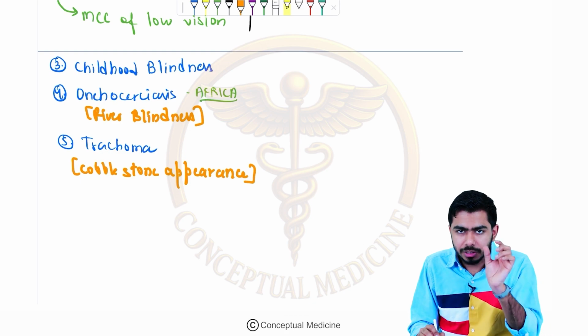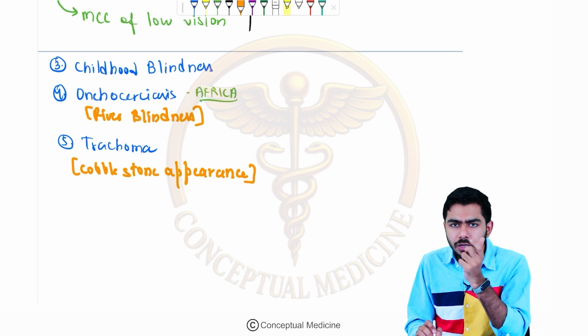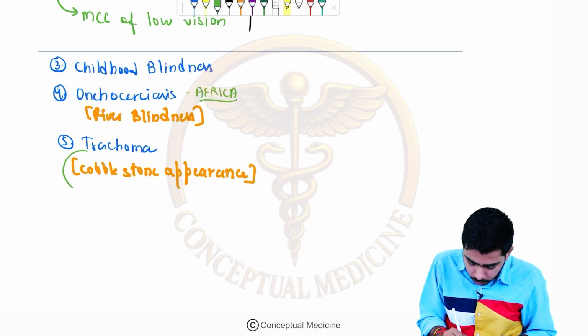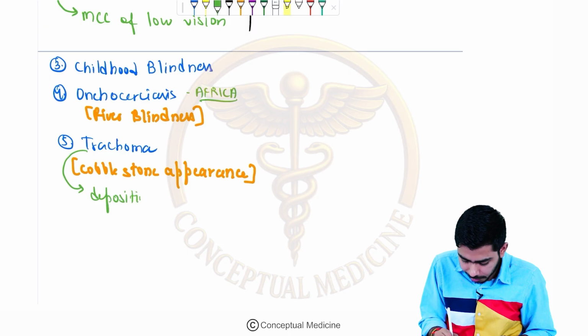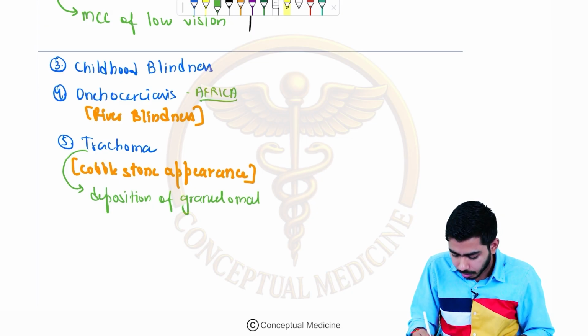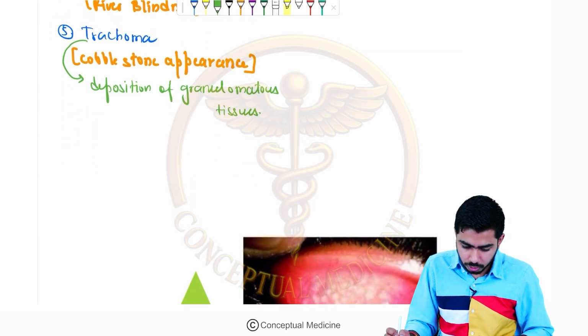Basically there is a deposition of granulomatous tissue, which is mimicking the cobblestone appearance. In detail you will be reading about trachoma in ophthalmology.